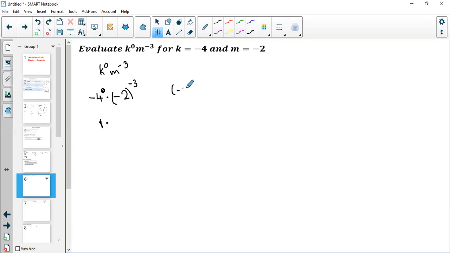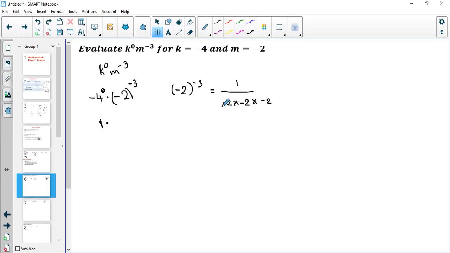So let's solve this. -2 to the power of -3. This means it's going to be in a fractional form, right? Write it straight. So this is going to be 1 over -2 multiplied by -2 multiplied by -2 because we are considering -2 as a whole number here.